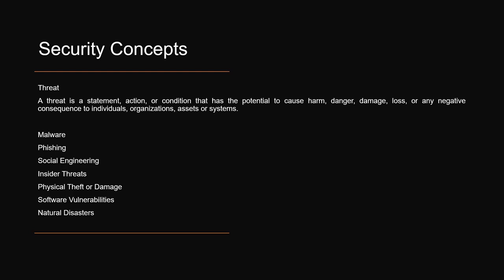Events like earthquakes, floods, fires, or power outages can also disrupt information systems and can cause data loss or downtime if adequate disaster recovery plans are not in place. Effective information security measures aim to identify, assess, and mitigate these threats in order to protect data and information systems from harm, ensuring the confidentiality, integrity, and availability of critical information.